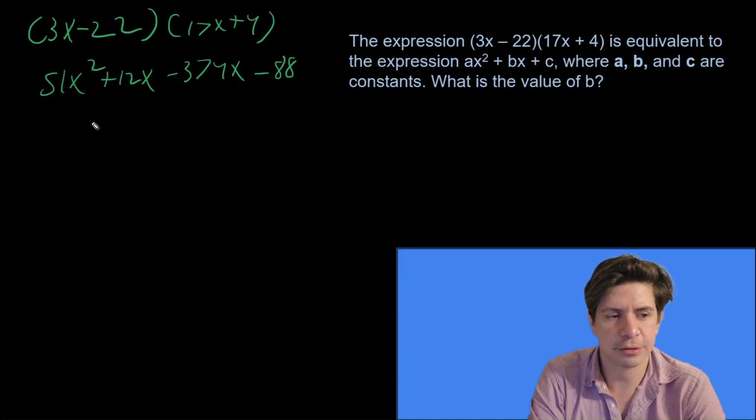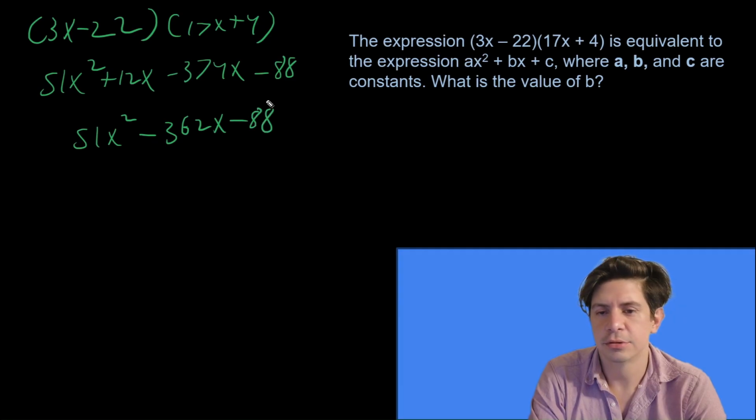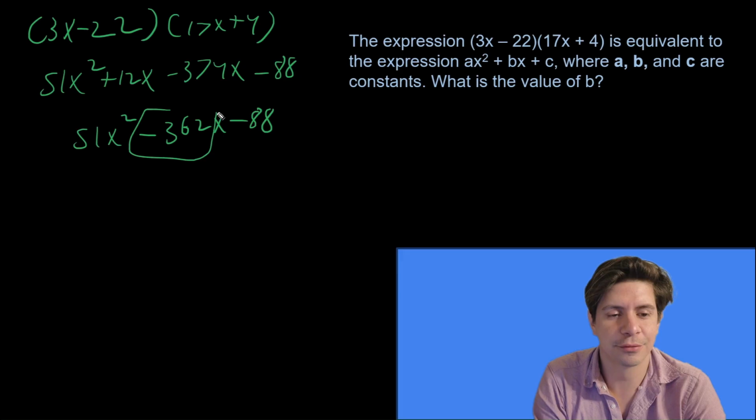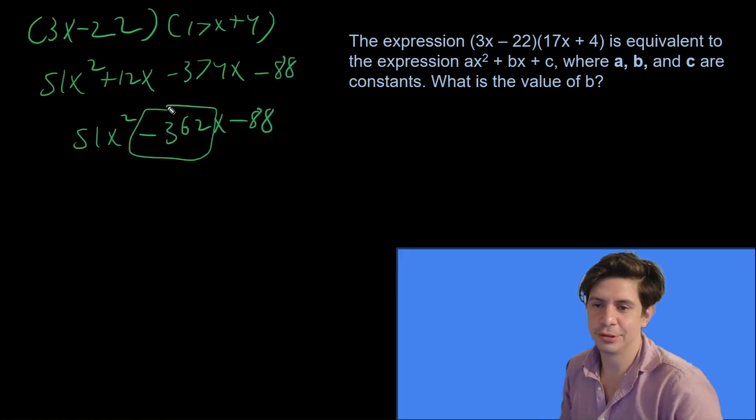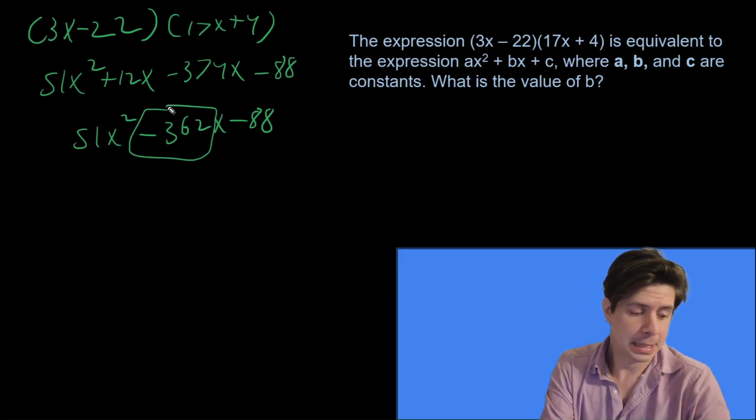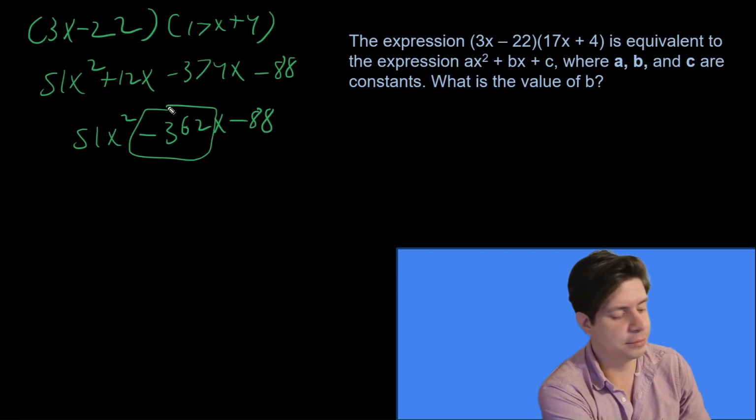So then this middle part here, we're going to get 51x squared minus 362x minus 88. So what is b? It's the middle value, negative 362. Negative 362 is going to be our answer. Okay. Nice, clean, easy, breezy, beautiful.